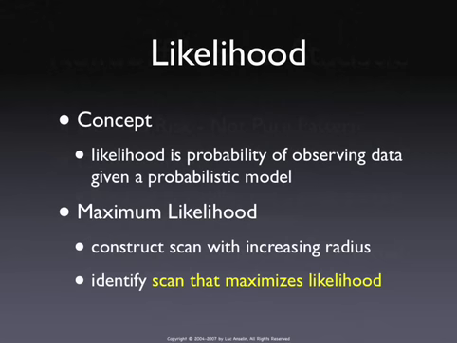The statistical framework behind this uses a concept of a likelihood, and I'm not assuming that everybody's familiar with this, and I will spend a little more time on this later on when we deal with the regression analysis. But basically, in my words, likelihood is the probability that you observe the data given a particular probabilistic model.